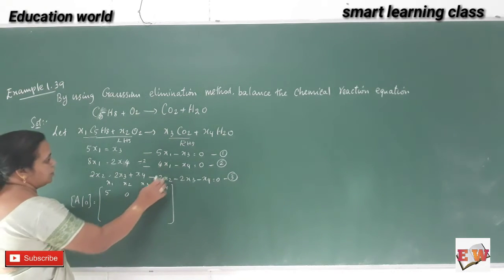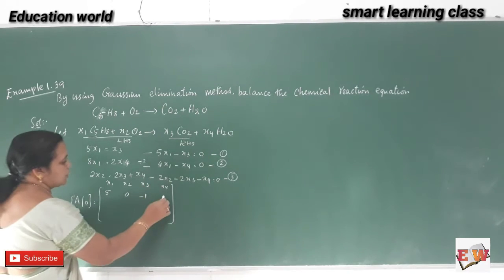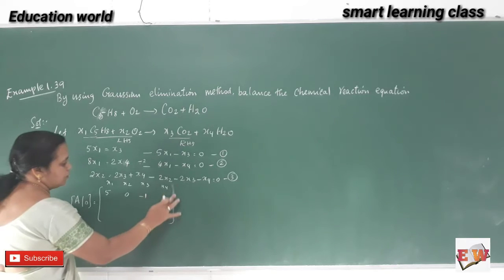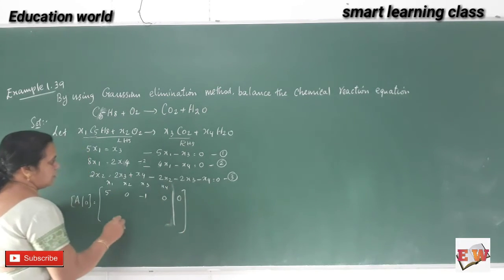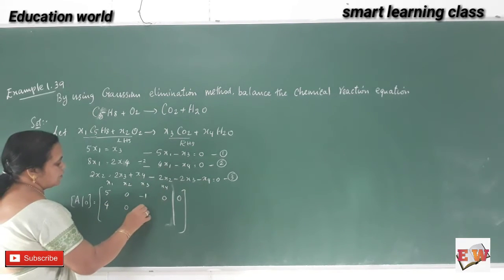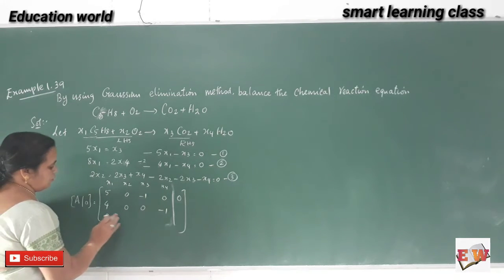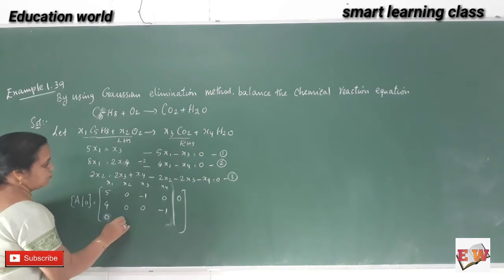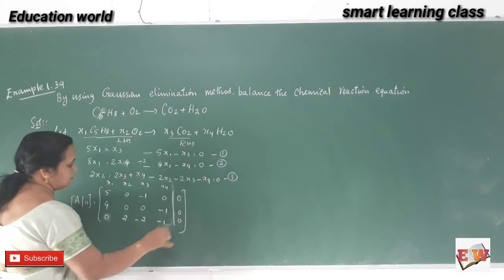Row 1: 5, 0, minus 1, 0. There is no x2, so 0, no x4, 0. Then here 4, 0, 0, minus 1. Here 0, 2, minus 2, minus 1. Okay.